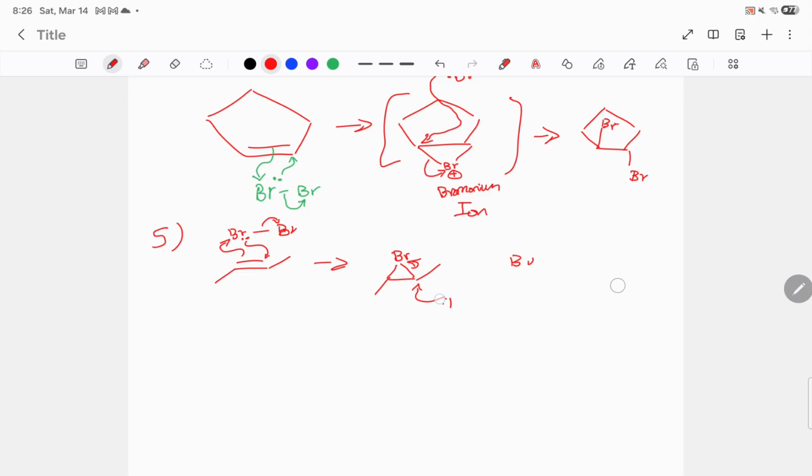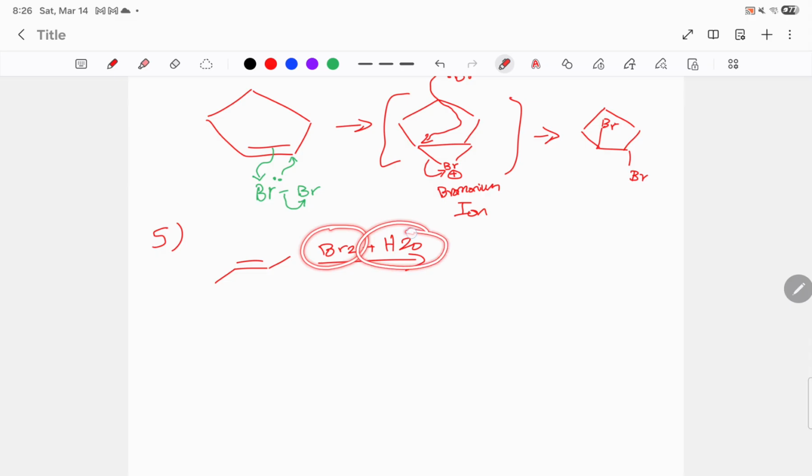Well, it has to do with what we do our reaction in. So this specific reaction is done with Br2 plus, and this is the kicker, it's done in water, okay? So the reagents include an alkene, Br2, and water.